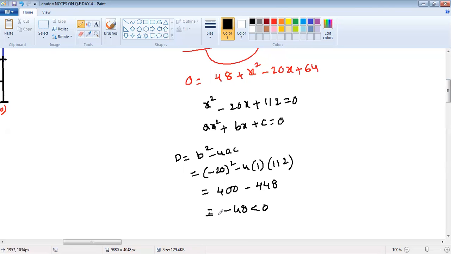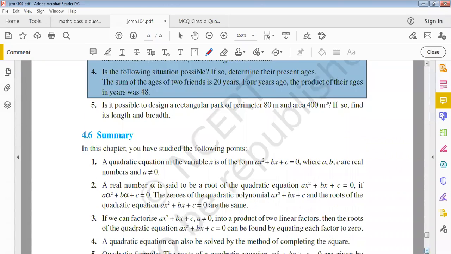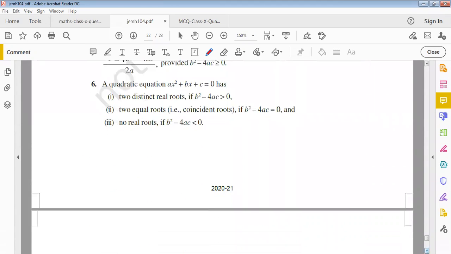Okay, fine. So what have we learned so far? We have learned the concept of discriminant being greater than 0, less than 0, and equal to 0. Got it, ma'am?